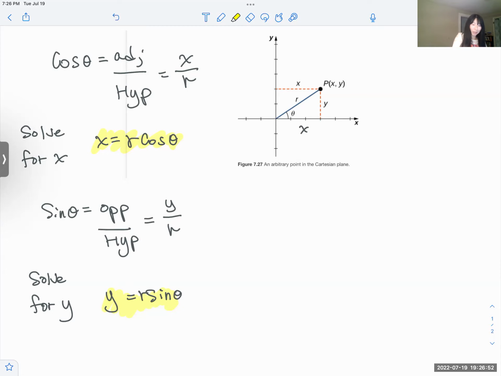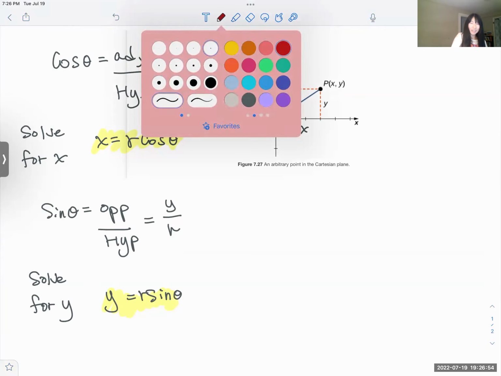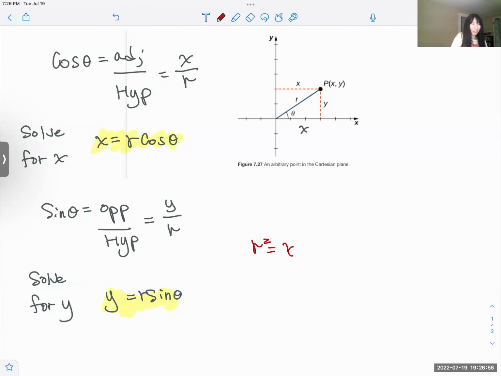So r squared equals x squared plus y squared. And tangent theta is opposite over adjacent, right? This is from trig. So tan theta equals y over x.